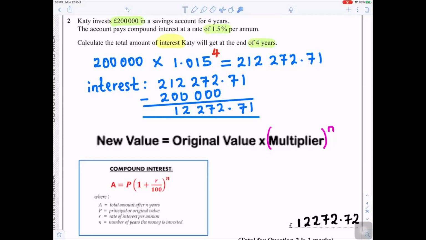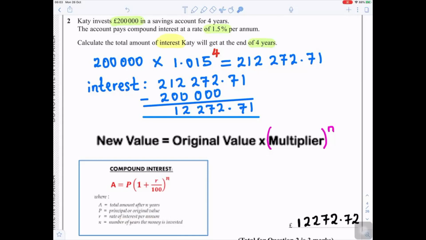So if you look at the bottom left, we have a compound interest formula. It's very important you learn this formula. The A is the total amount after n years. P is the principal or the original value. R is the rate of interest per annum.